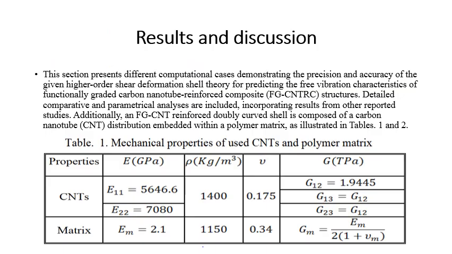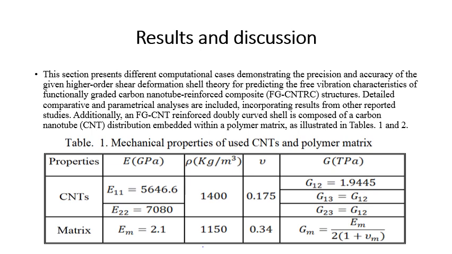This section presents different computational cases demonstrating the precision and accuracy of the given high-order shear deformation shell theory for predicting the free vibration characteristics of functionally graded carbon nanotube reinforced composite structures. Detailed comparative and parametric analyses are included, incorporating results from other reported studies.